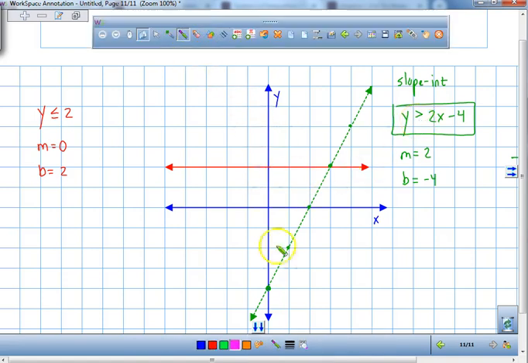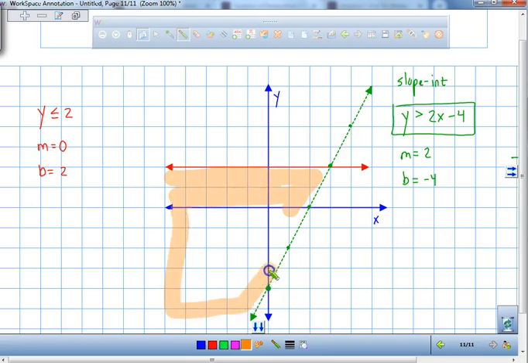So if I'm having to do a solution region, and this is everywhere below it, and this is everywhere above it, does everybody see the solution region is going to be right in here? That's the solution region.